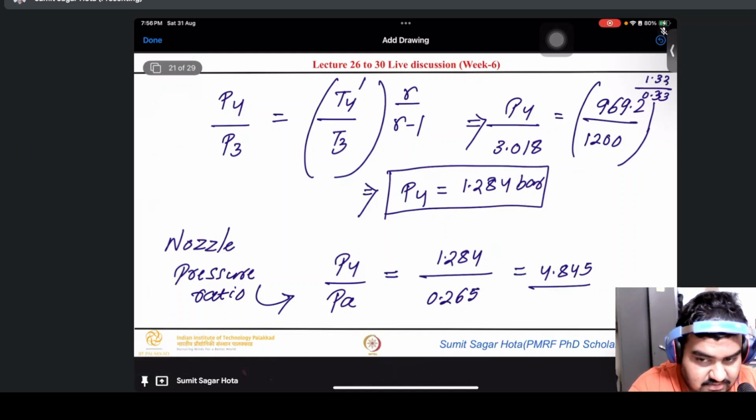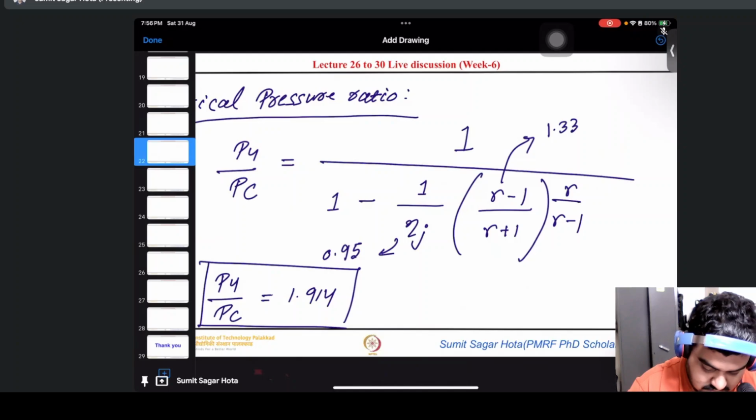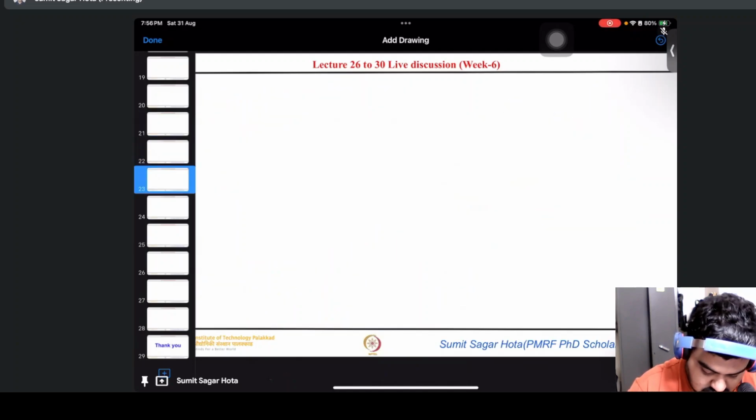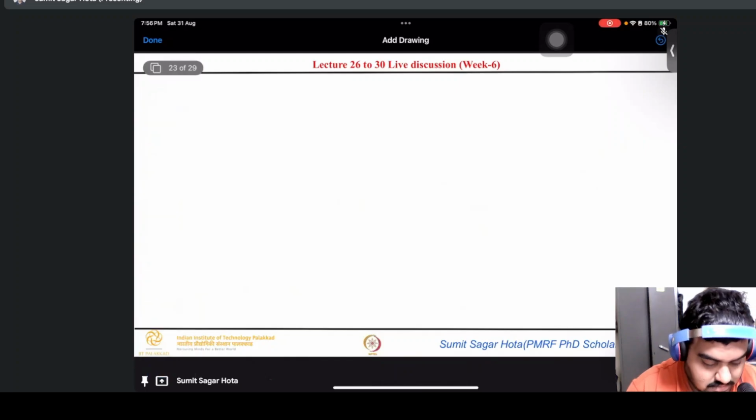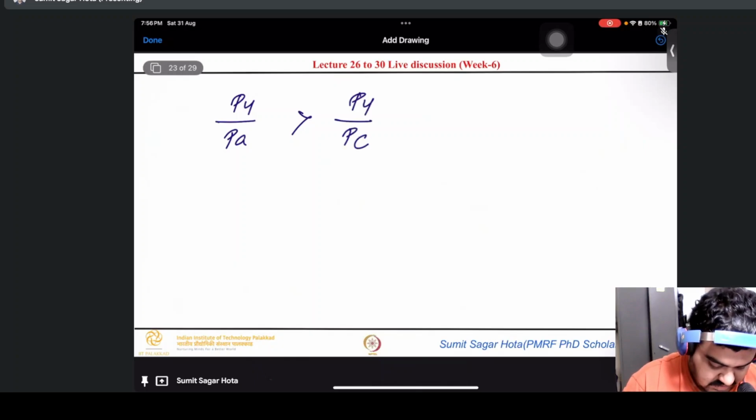So what you need to do is substitute. What is the nozzle pressure ratio? That is P4 by Pa, which is greater than P4 by Pc. This comes out to be 4.845, and this comes out to be 1.914.